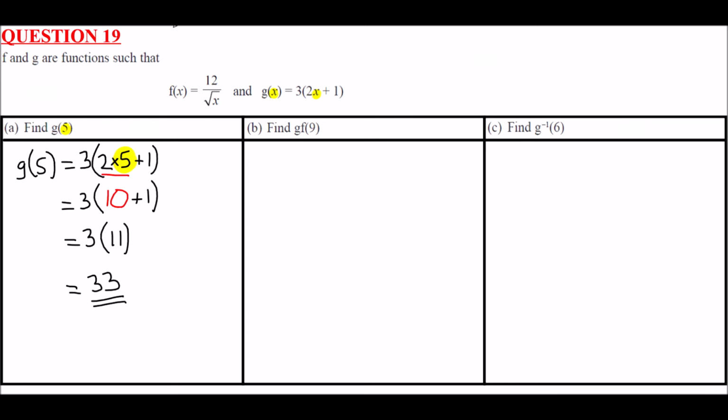The next thing we need to do is to find g of f of 9. Now these ones we have to work from the outside in. So we start with f of 9 first of all. So we do g of f of 9. So f of 9 will be 12 divided by the square root of 9.